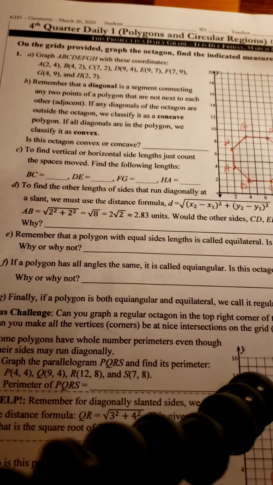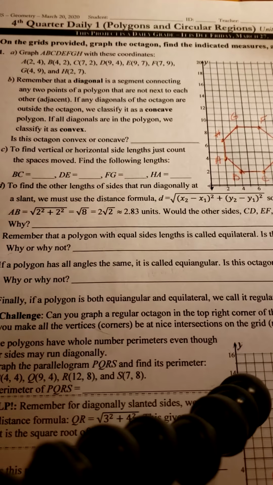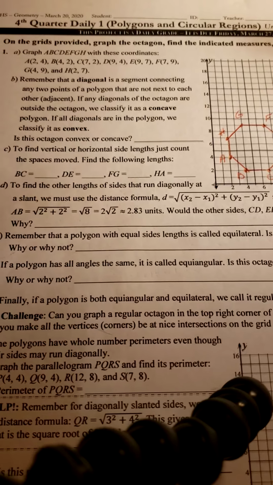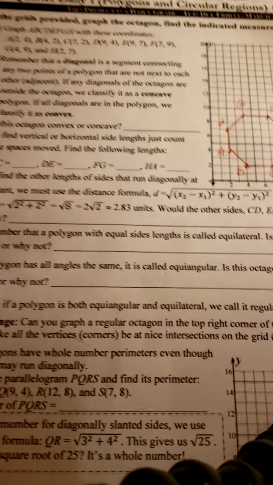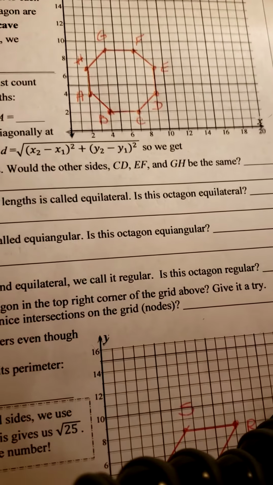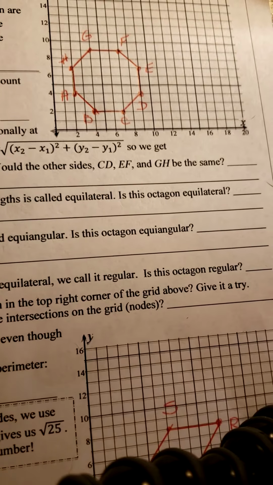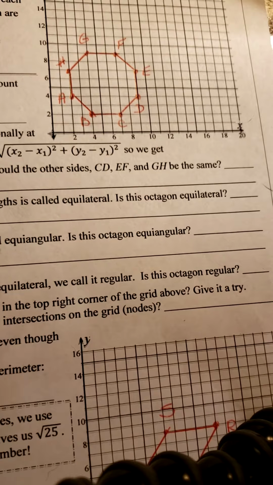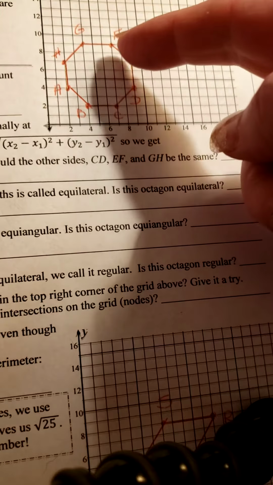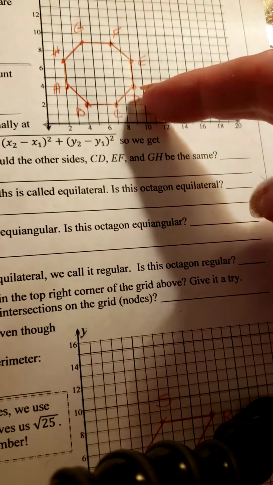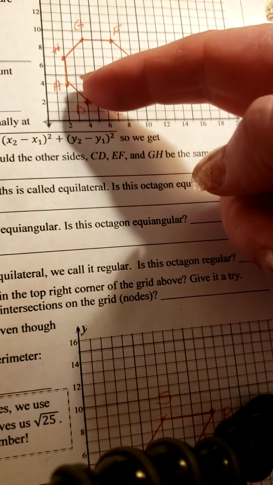And then on B it says, remember that a diagonal is a segment connecting... Okay, convex and concave. If it's convex, you won't have a cave to go hide in. If it's concave, you have a cave to go hide in. So when you look at this, is there anywhere that you see an indented area that would be like a cave or a Pac-Man where you can go inside and hide?